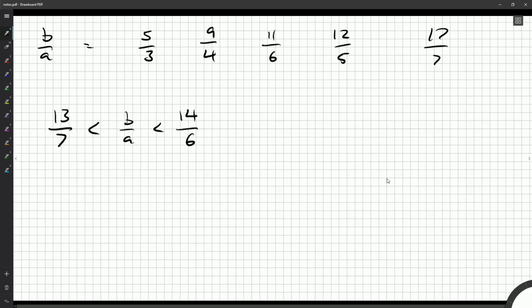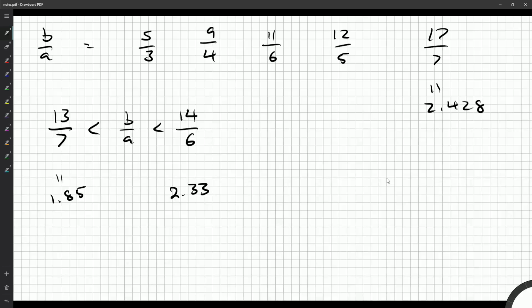What can we say here? Well, I suppose we could just grab our calculator real quick. Let's figure out the range. 13 over 7 is just a little less than 2, about 1.85. And 14 over 6 is more than 2, about 2.33. Now, 17 over 7 catches my eye. It's way more than 2.33. 12 over 5 is a little more than 2, but is it too much?